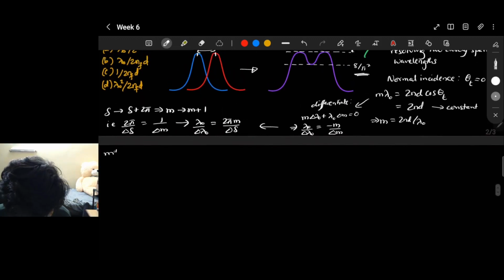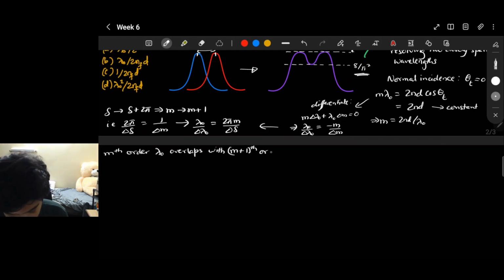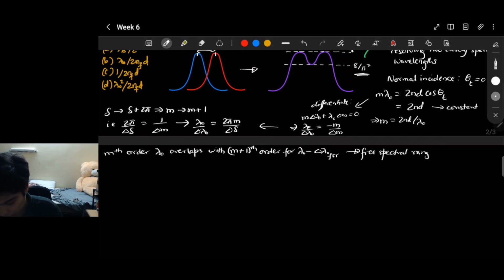So when the mth order peak for lambda naught overlaps with the m plus 1th order for the smaller wavelength, lambda naught minus delta lambda naught, FSR for free spectral range, then this gives us the free spectral range. So let us now use our relations.